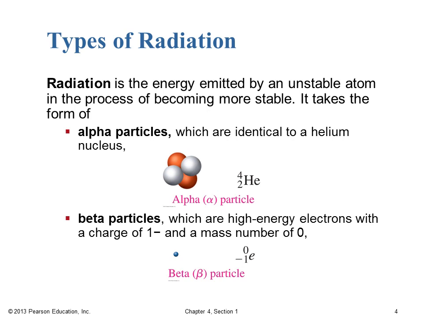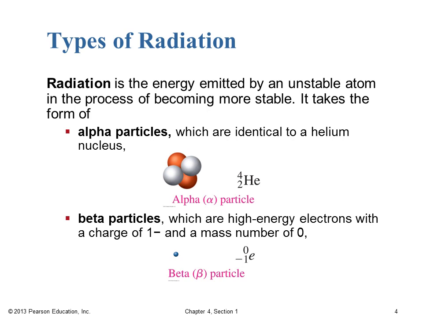The first of the three is alpha particles. Alpha particles are the same exact thing as a helium nucleus. Helium is the second element on the periodic table, has an atomic number of 2, and also has 2 neutrons, so it has a mass number of 4. You can see how the alpha particle is written there.